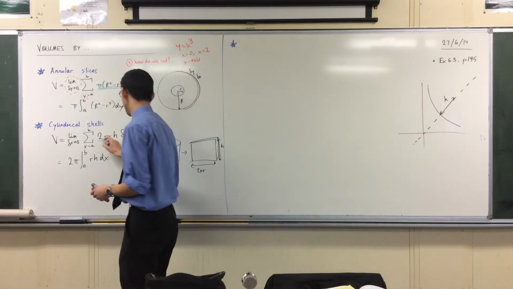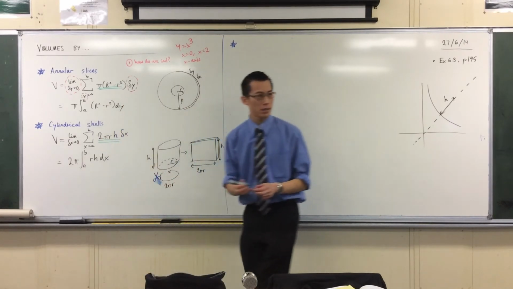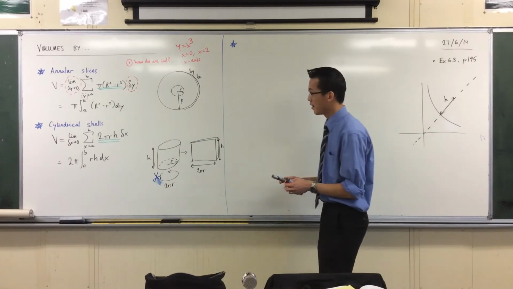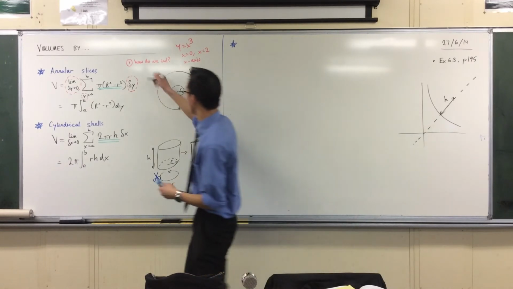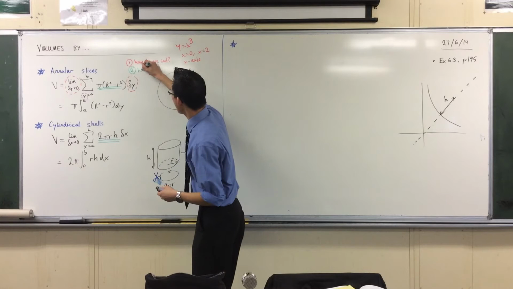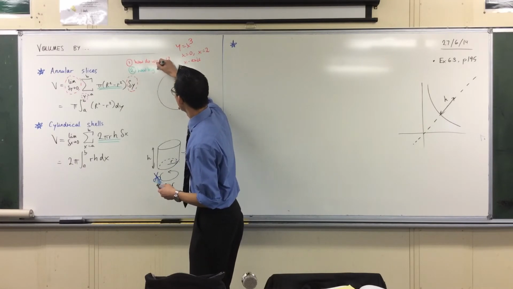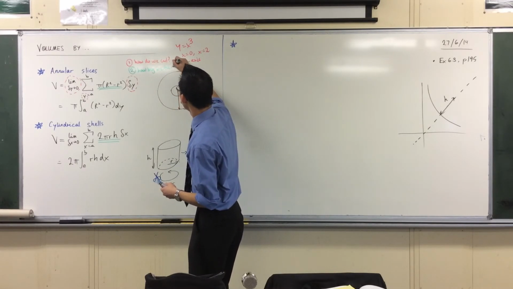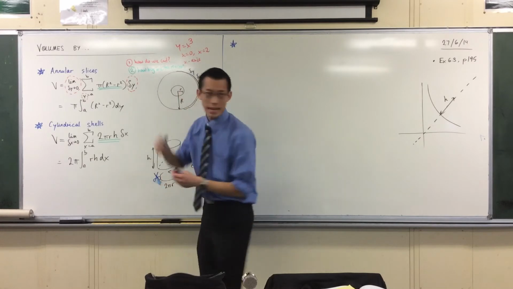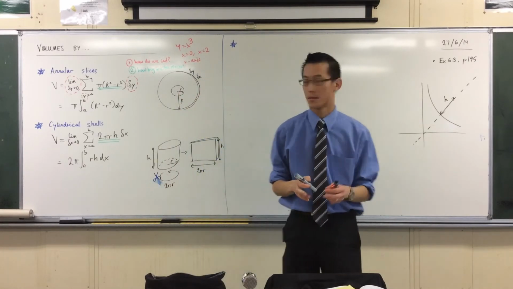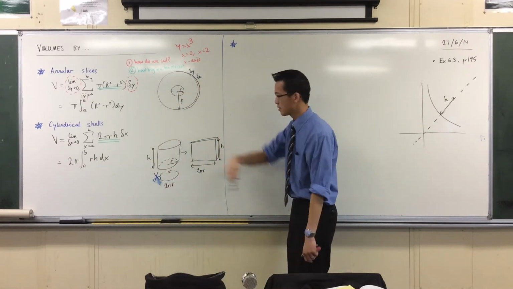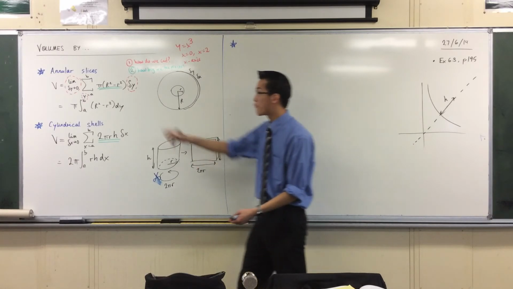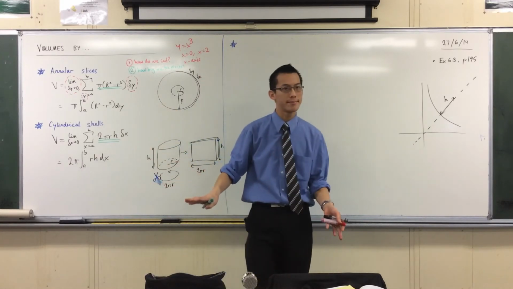And here, this is my unfurled cylindrical shell, okay? So number 2, what I need to know is, how big are the pieces? Okay, and they have to be related in some way, these pieces, okay? I mean, in this case, they're all annular slices. In this case, they're all cylindrical shells. But they follow the same rules. That's the important part, okay?